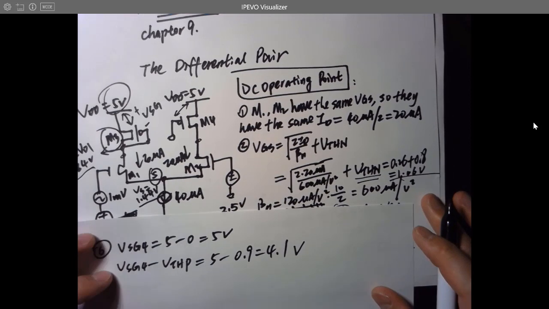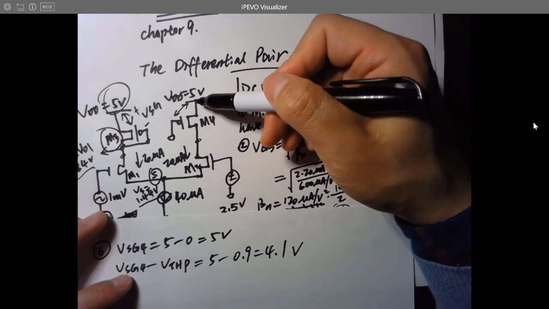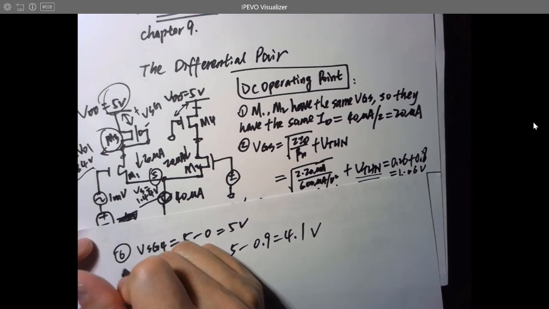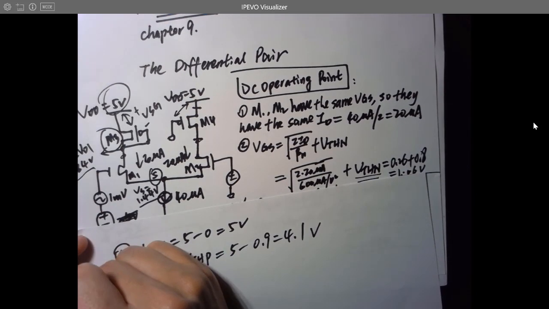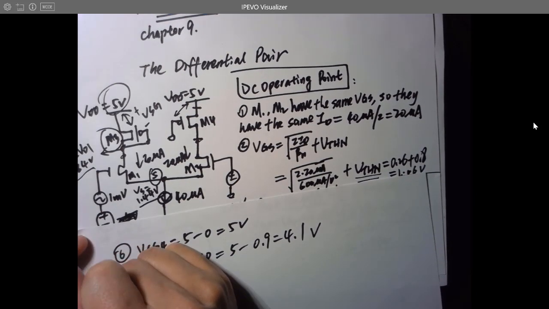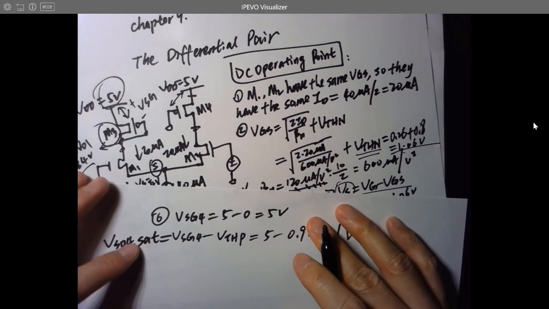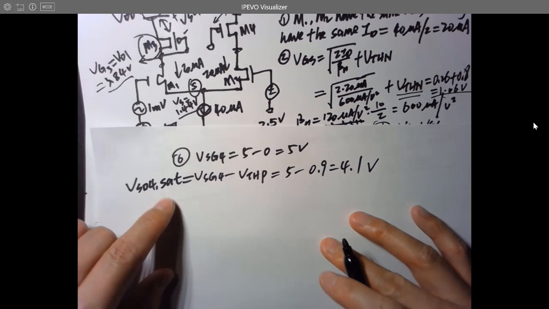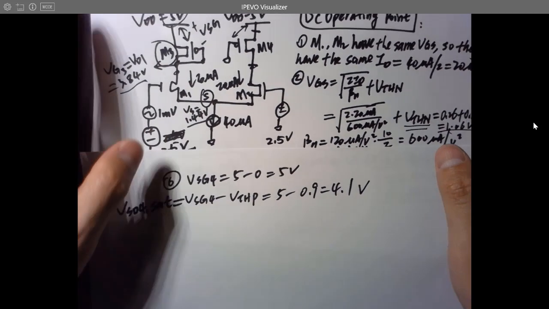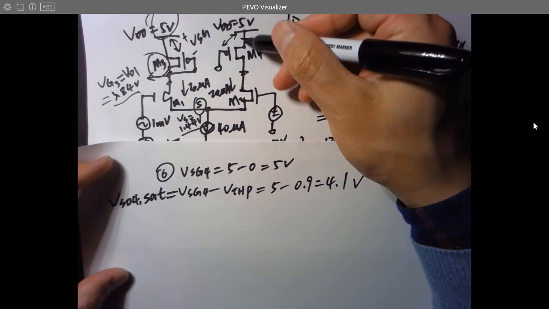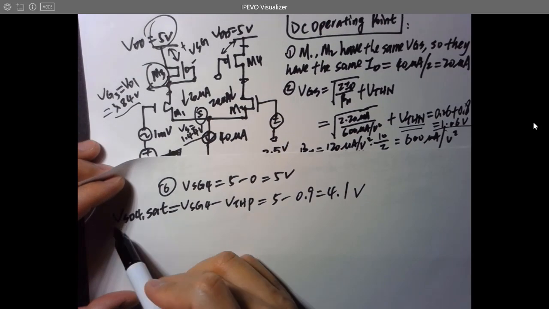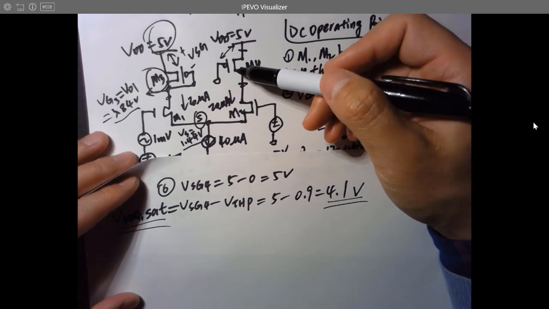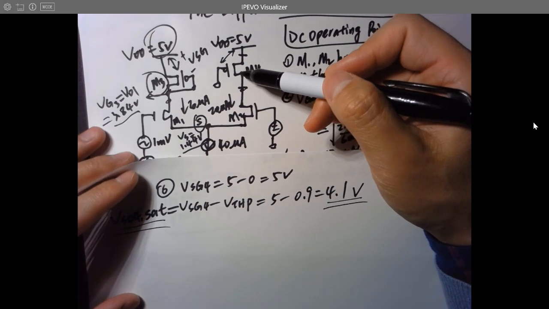Okay, it's pretty high because you have to have your VSD, because this is VSD set, right? This is VSD4 set. That's the VSD set voltage for the PMOS. And we have to have a VSD larger than the VSD set to saturate this transistor, this PMOS.